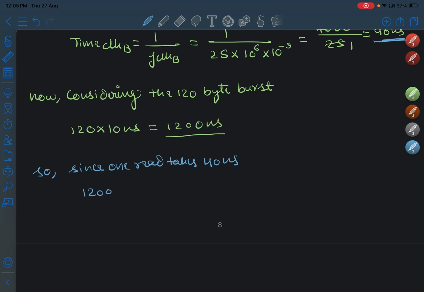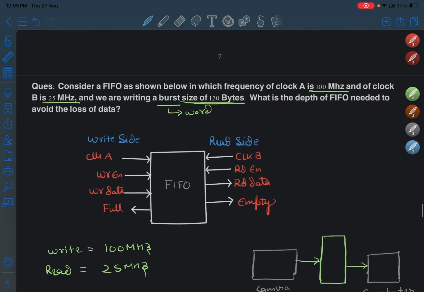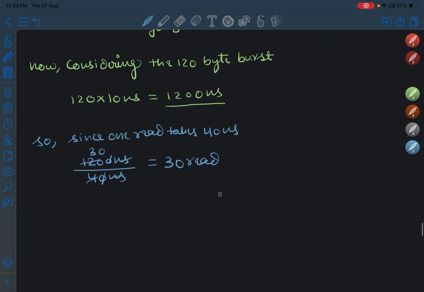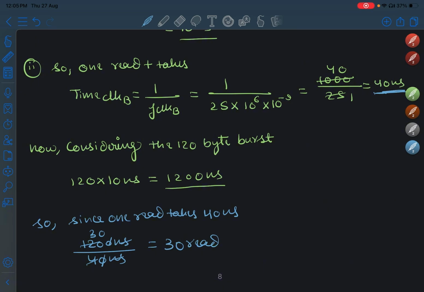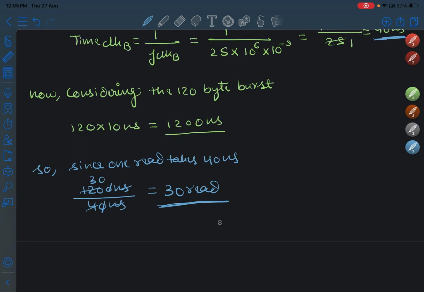So 1200 nanosecond, the total time it takes to write, divided by 40 nanosecond. So we are left with 30 reads. It means at a time we are sending 120 words, but because our read frequency is lower than the write frequency, it can read only 30 words at a time.